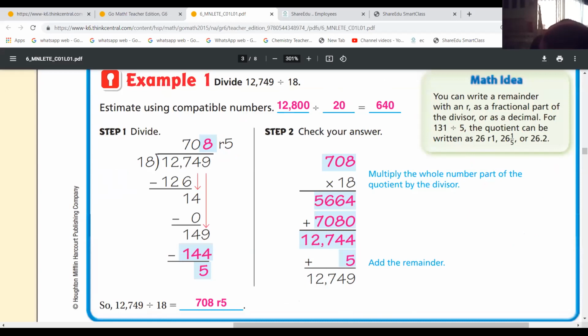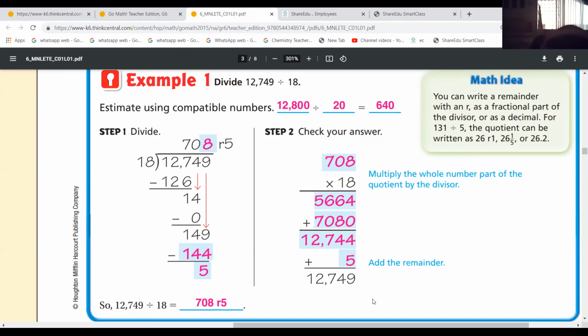If you want to check whether your answer is correct, you take the quotient, that is 708, and multiply with the divisor. Whatever answer you get, you add the remainder. Why do we add the remainder? Because that is extra. This is to check your answer. Again, you take the quotient, multiply with the divisor, that is 18.